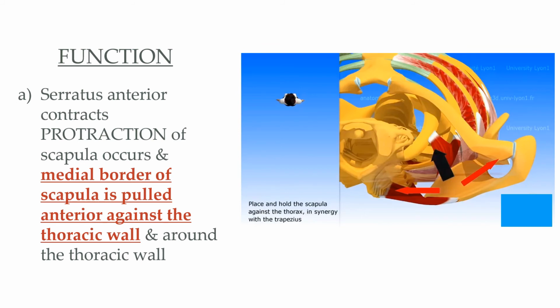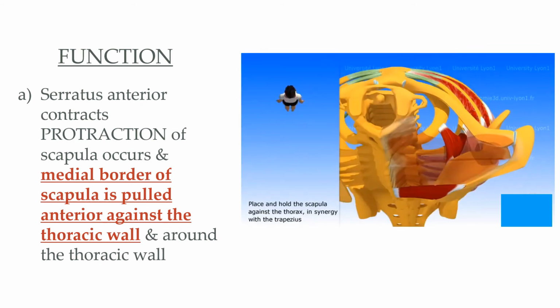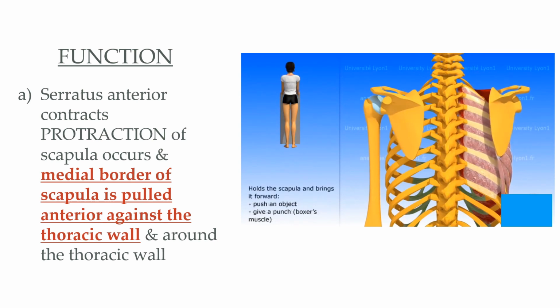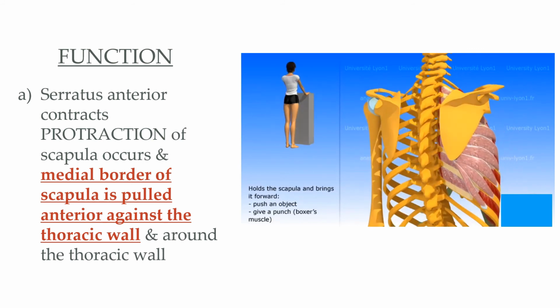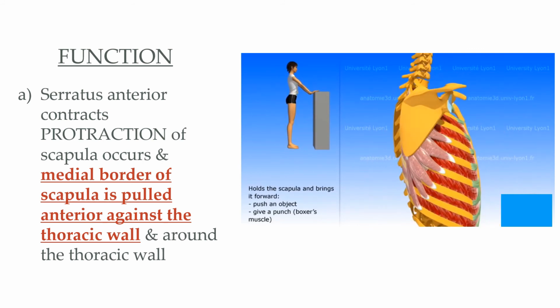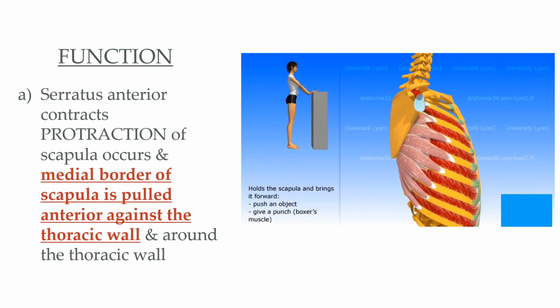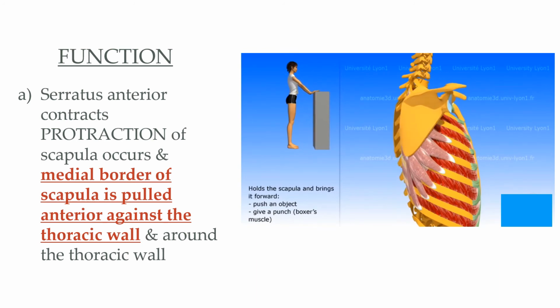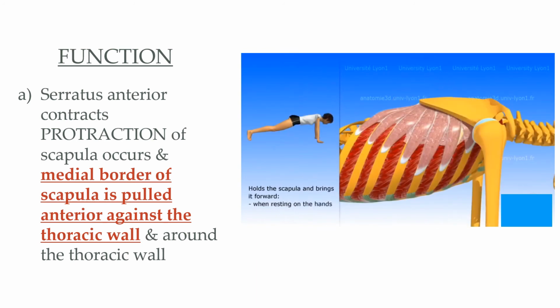Now, in order to understand protraction better, let us see the short video clip on the right side. Here you can see that because of the contraction of the muscle, the medial border is being pulled away from the midline. This is called protraction of scapula. And when does this occur? Whenever any pushing movement or any punching movement is performed.